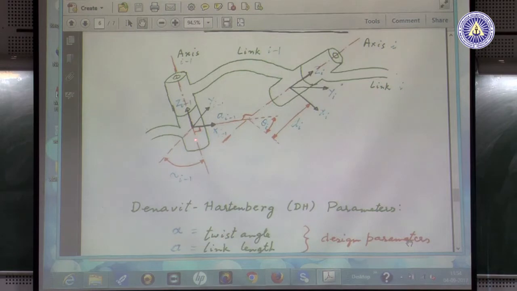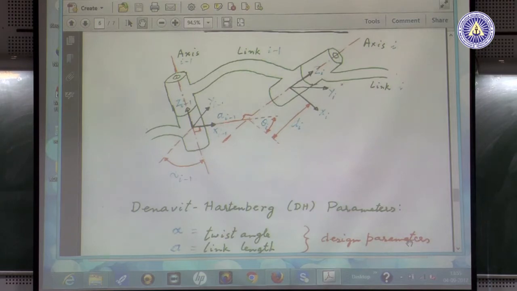The question is how to put the other two axes and where to put the origin, because after fixing the z axis of the frame, you can take the origin anywhere. So, with the next axis you identify the common perpendicular, and at the foot of that perpendicular you place the origin, and along that common perpendicular you place the x axis.